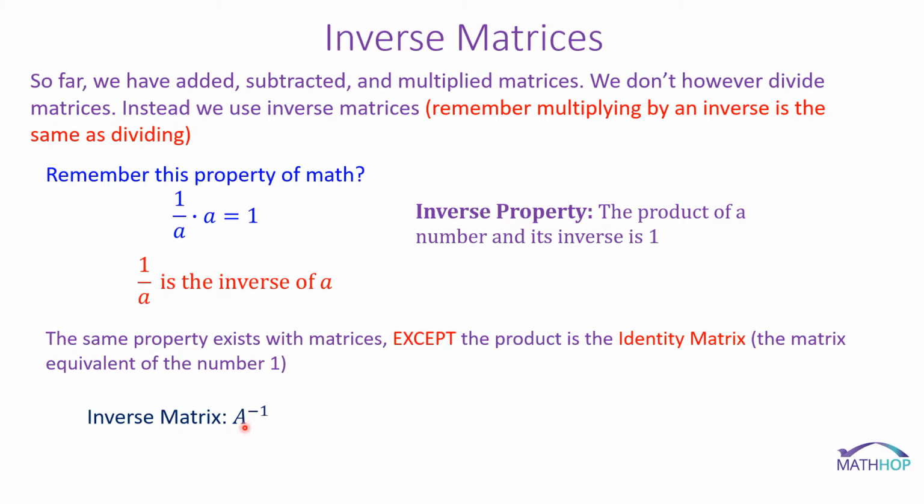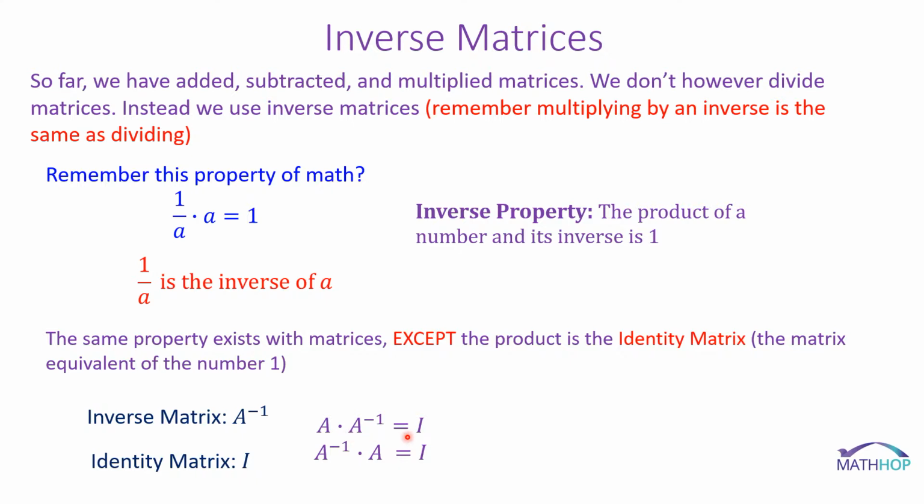A superscript -1 is the symbolism for the inverse of matrix A. The identity matrix is simply capital I, very easy. And so the property exists that if you multiply a matrix A by its inverse, you get 1. But you don't really get 1.